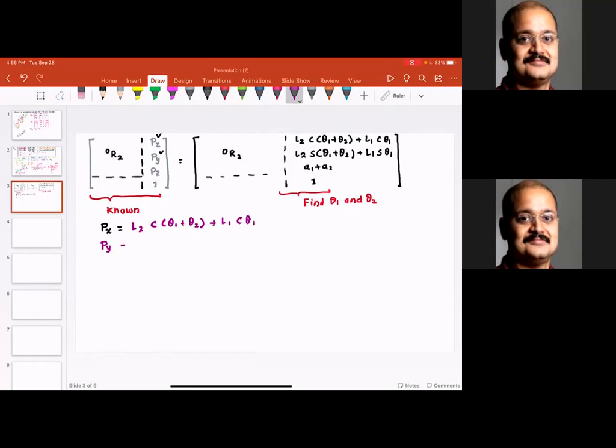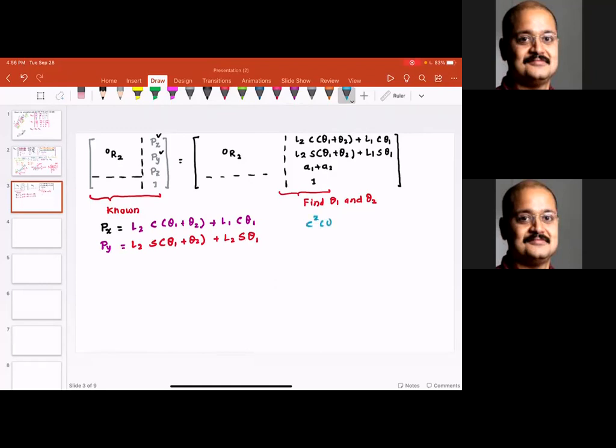Py is equal to L2 sine of theta 1 plus theta 2 plus L1 sine theta 1. Remember this relationship.